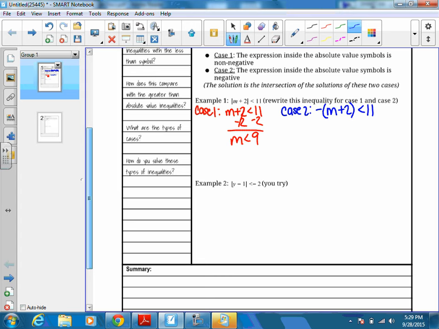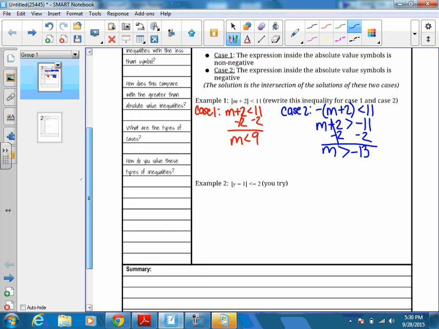Now, I want to get rid of the negative on the outside, so let's divide that whole thing by -1. If I divide by -1, remember my sign is going to change, and this becomes -11. So now let's solve this. I subtract 2 on both sides, and I get m is greater than -13.